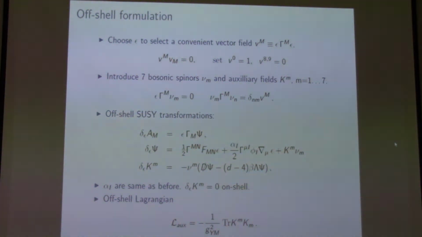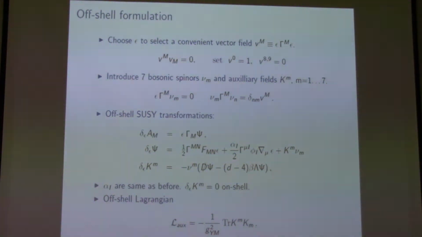We're going to choose our epsilon so that we get a convenient vector field, constructed by sandwiching a gamma matrix between these two epsilons. And you can show that when contracted with each other, these vector fields give 0.